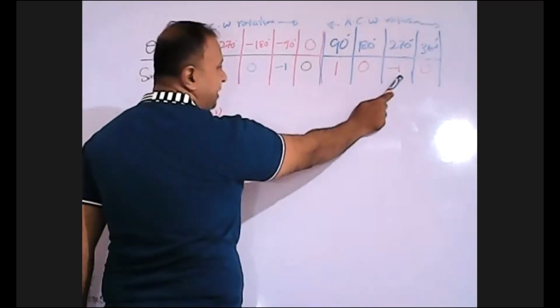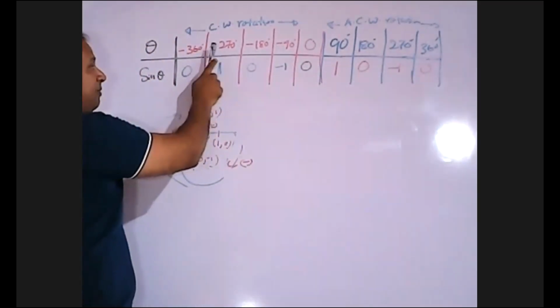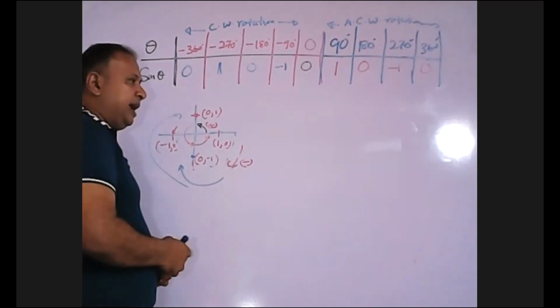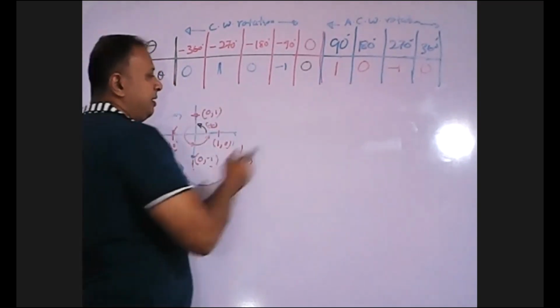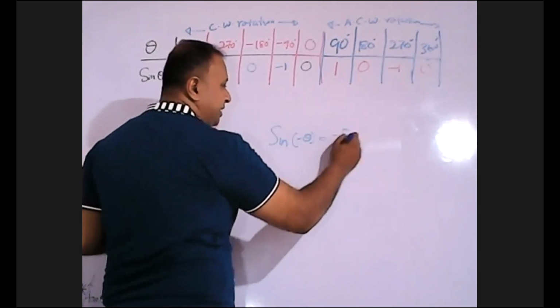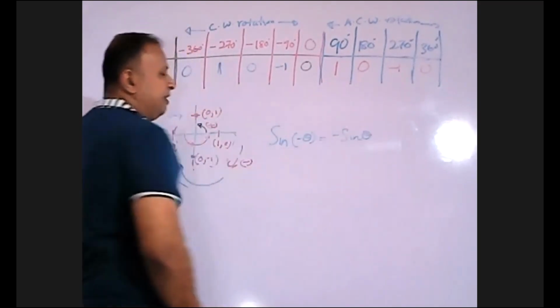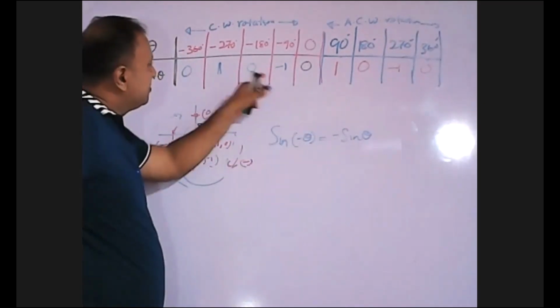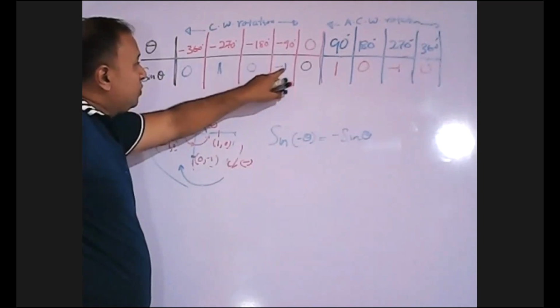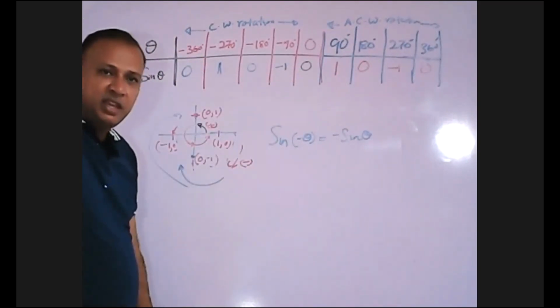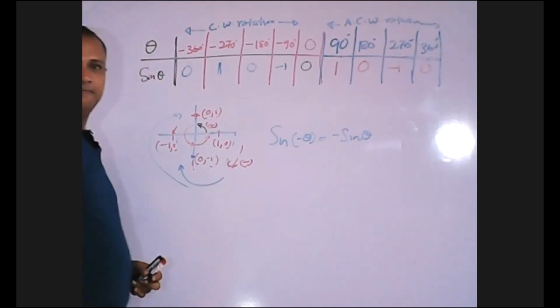Sine 270 is minus 1, sine minus 270 is plus 1. Therefore, we have actually proven that sine minus theta is equal to minus sine theta. No? Sine minus 90 is equal to minus sine 90. Did you get that one?